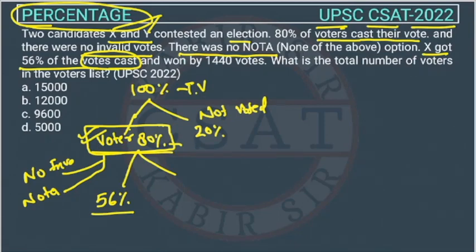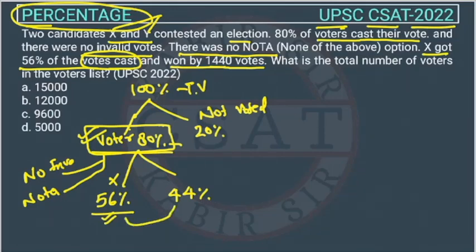So this is 56% of votes cast. The other person will get 44%, 100 minus 56%. Now what is given? X is getting 56% of the votes cast and won by 1440 votes.